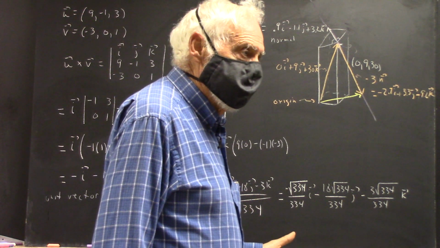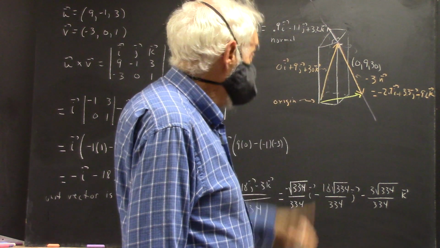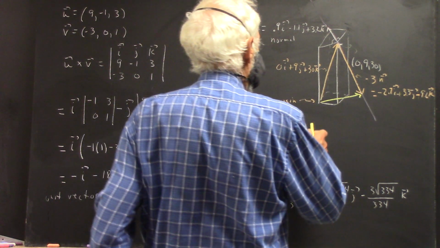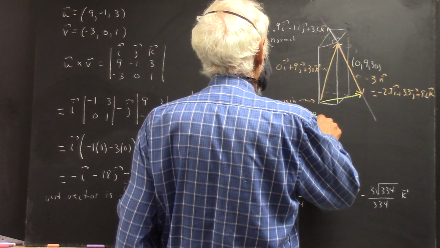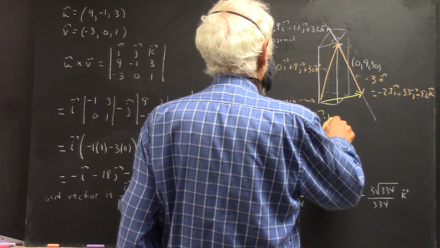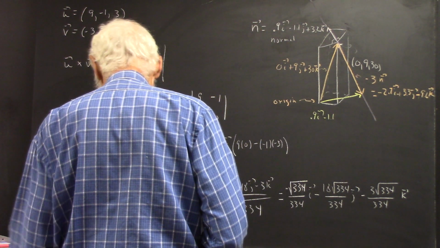Well, this vector is clearly this one plus this one, right? So if we add the two vectors, this vector here is 0.9i minus 1.1, no it isn't, I'm looking at the wrong vector.